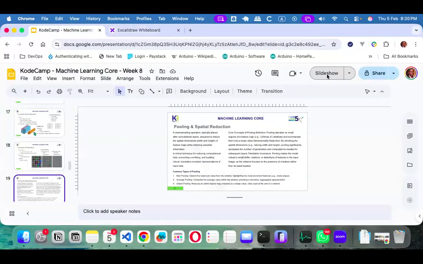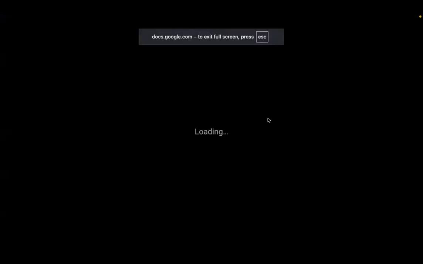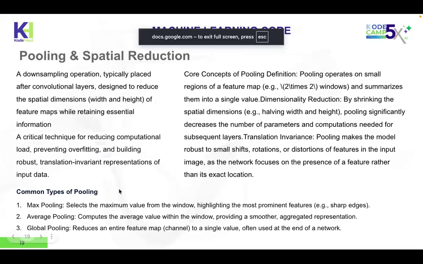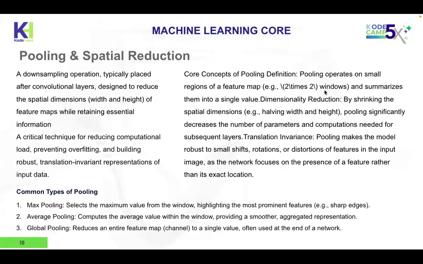All right, let's go back here. So like I mentioned, pooling operates on small regions of a feature map. For each feature map, you do pooling on it and it summarizes them into a single value. If you are using a 3 by 3 window, a 3 by 3 kernel, to do the pooling, then the 9 values in that 3 by 3 window, you will compress them into a single value.